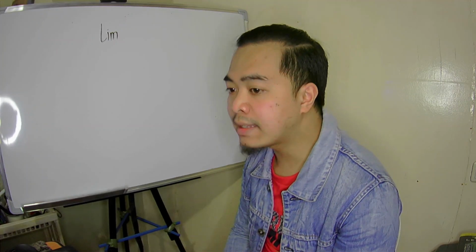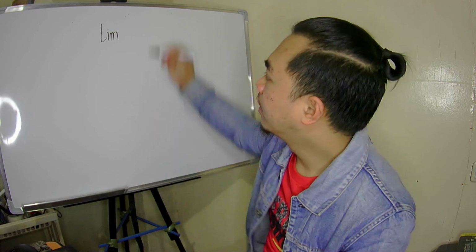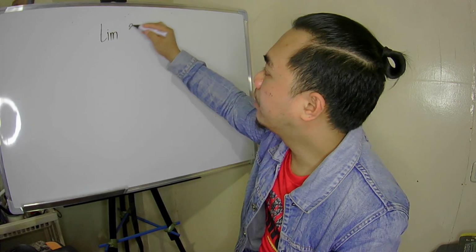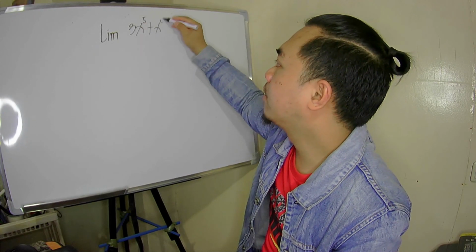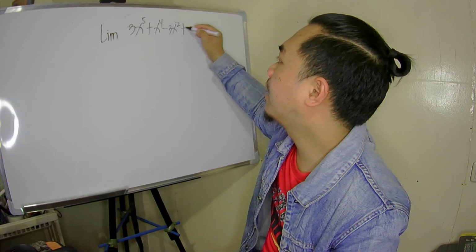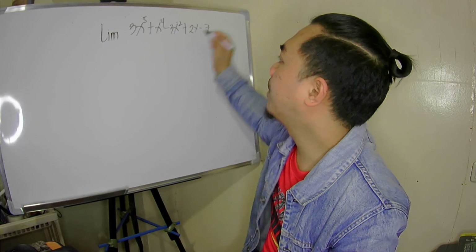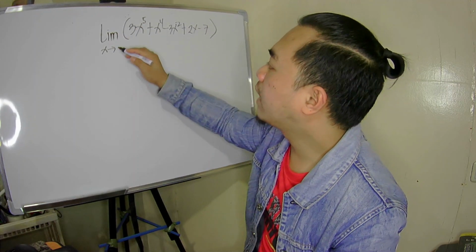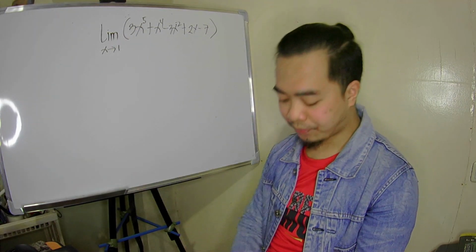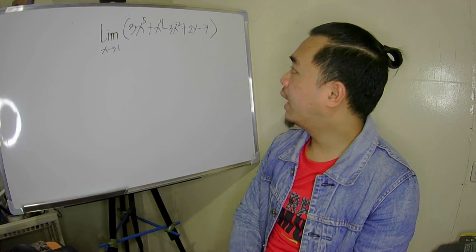That is discussed in chapter 1. An example of a polynomial function: we have p of x equals x raised to 5 plus x raised to 4 minus 3x squared plus 2x minus 7. Then we evaluate the limit of this function as x approaches positive 1. Do we need to apply the properties?